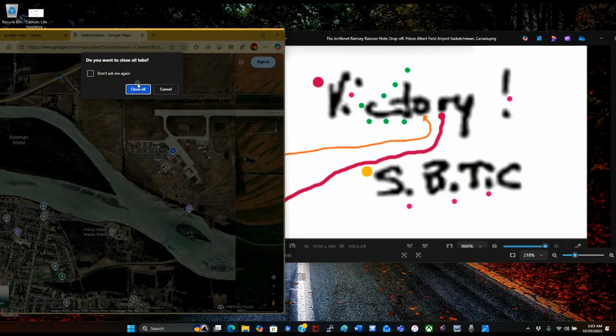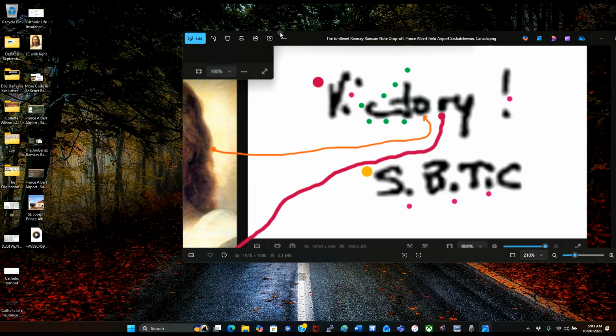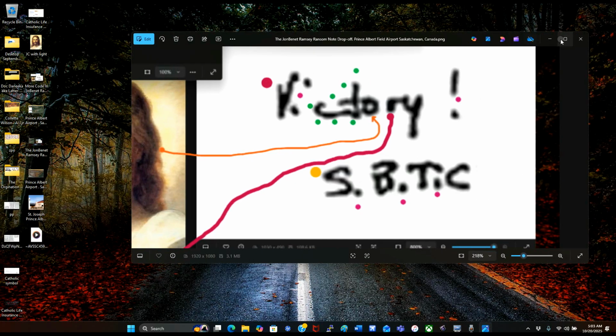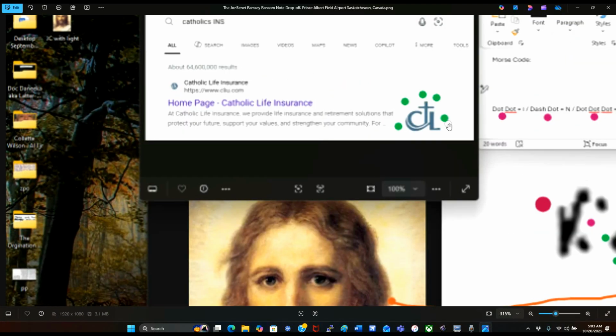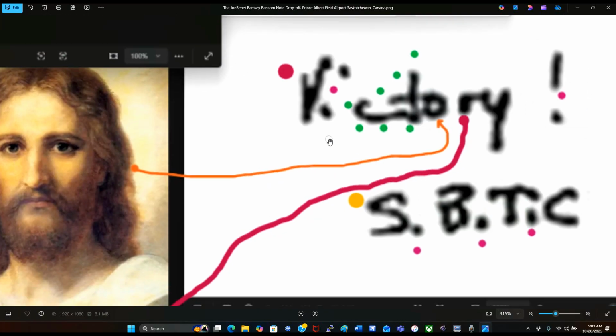But okay, now I need to know what's going on with the Jesus thing. And that actually got pretty easy. So the Catholic symbol, right? We got the Jesus Catholic thing in Prince Albert in Saskatchewan.